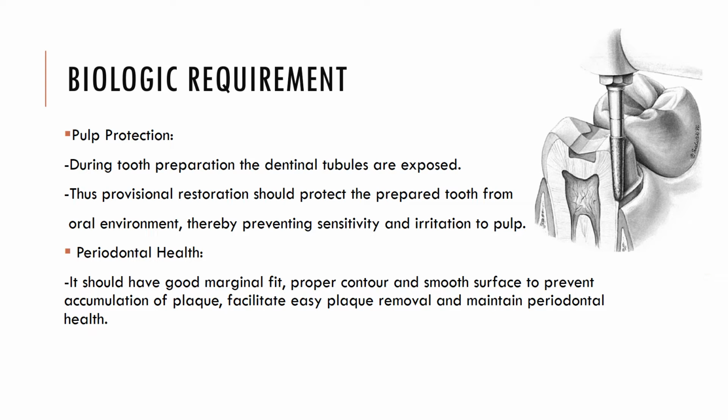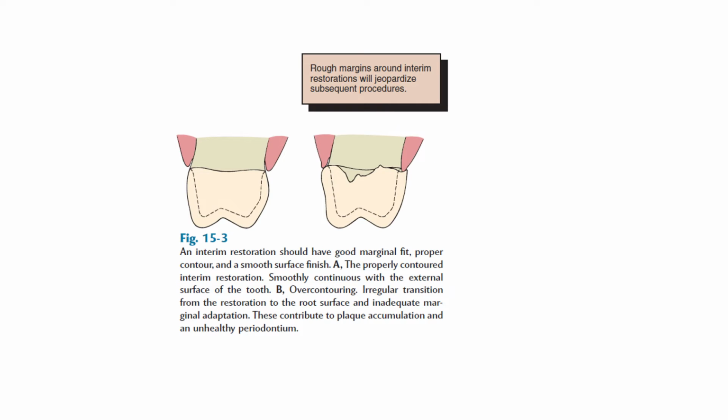Periodontal health: it should have a good marginal fit, proper contour, and smooth surfaces to prevent accumulation of plaque, facilitate easy plaque removal, and maintain periodontal health. This is an example: this is the crown prepared, and this is the provisional restoration.